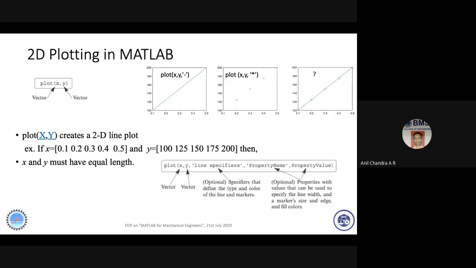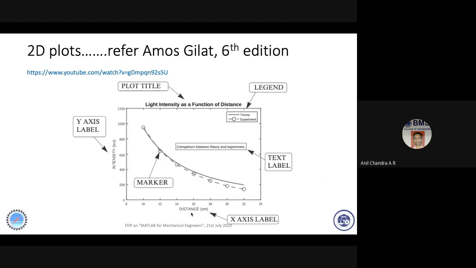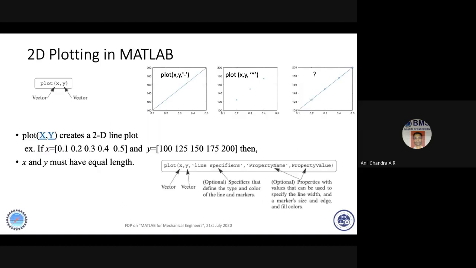Okay, so when you want to plot, you will look for data on x-axis and y-axis, a series of data. It's an array of data, right? So the syntax is plot x comma y, where x is a vector. It's basically an array. See here I have indicated 0.1, 0.2, 0.3, 0.4, 0.5. These are data sets. It could be time.